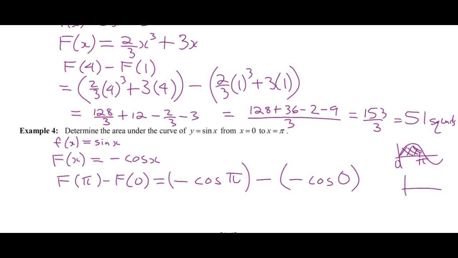Okay, now we've got to think of the cosine function. There's 0, there's pi. So cos pi is negative 1. So we get negative 1.